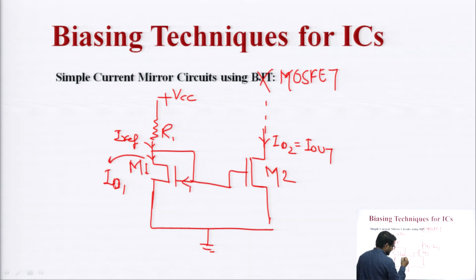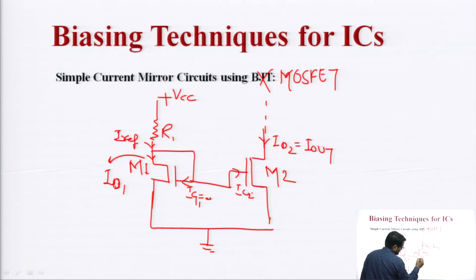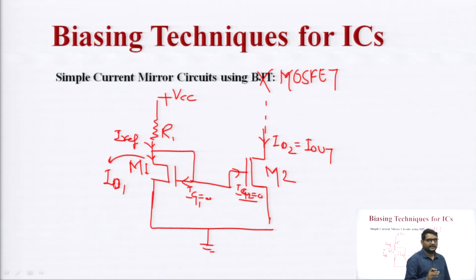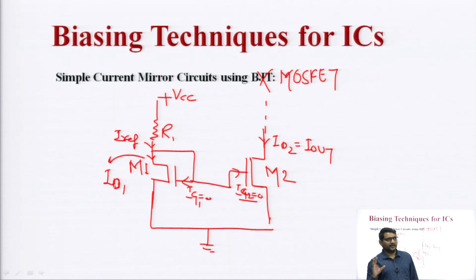Then we consider IG1 is 0 and IG2 is also 0. So, this is a similar fashion of current mirror, and in case of BJT, we use the BJT in place of MOSFET. Here, in the simple current mirror circuit with the MOSFET, we do not need the calculation of IB1 and IB2, because in a MOSFET IG1 is 0 and IG2 is 0.